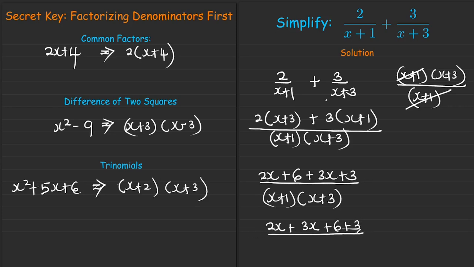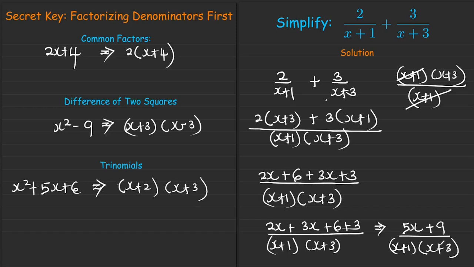We need to group like terms to be able to simplify. So evaluating, we have 2x plus 3x, which gives us a 5x. Then we have 6 plus 3, which also gives us a positive 9. And it's all over x plus 1, and then x plus 3. As simple as that.